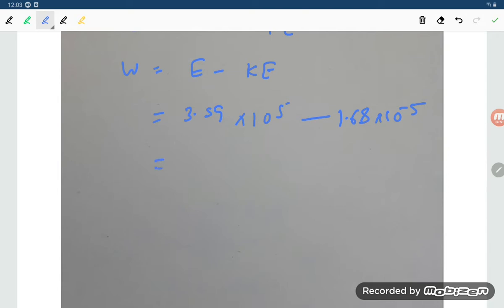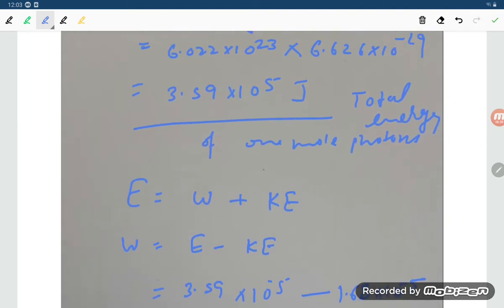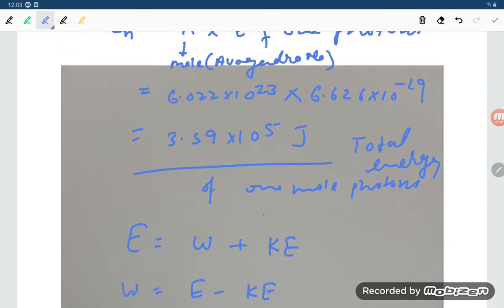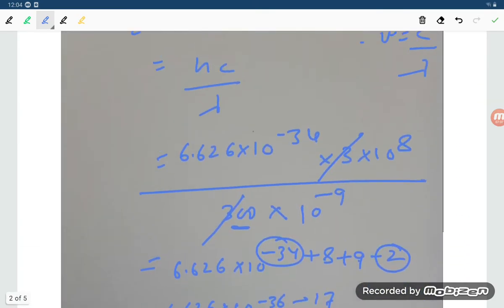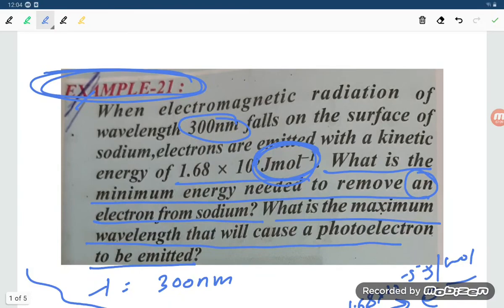So it is 3.59 minus 1.68 into 10 power, wait, how much power is there, student?